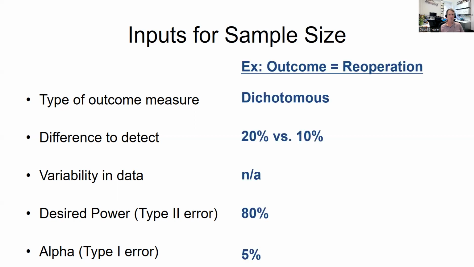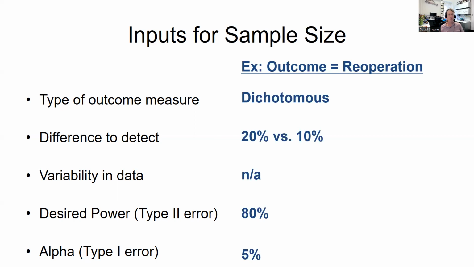For this example, we decided our primary outcome was reoperation. So that's a dichotomous outcome, meaning it's either yes or no. The difference that we're going to try to detect is 20% versus 10%. We'll talk about that a bit more in a second. With binary outcomes, there's no measure of variability.